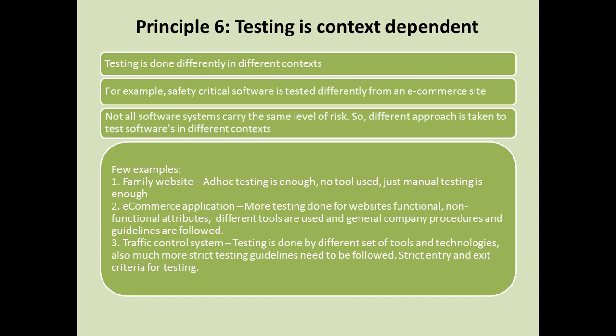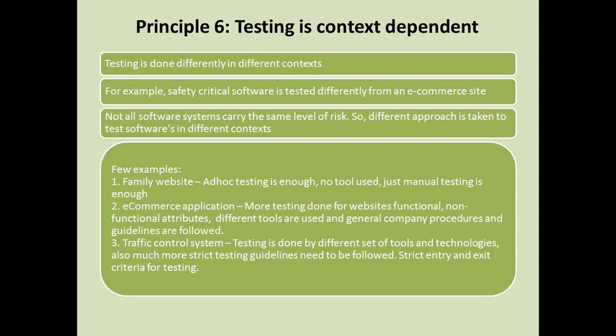Similarly, if you take a traffic control system, testing is done in a completely different way, and a different set of tools and technologies are used, and much stricter testing guidelines need to be followed. Strict entry and exit criteria need to be followed for a traffic control system, because it's a very critical system and human lives are dependent on it.